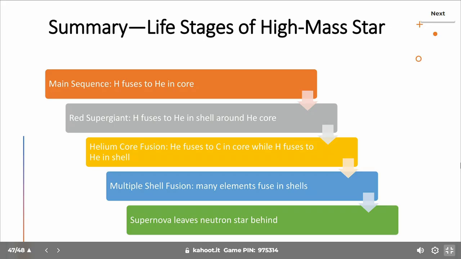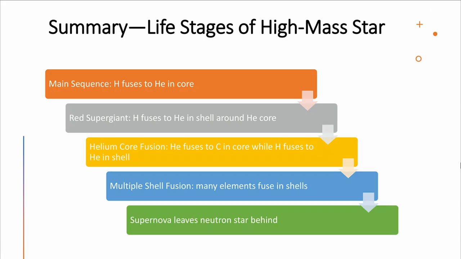High mass stars, similar. Hydrogen into helium in the core. Then when you have helium in the core, you'll become a red supergiant, and hydrogen will fuse in a shell around that helium core.